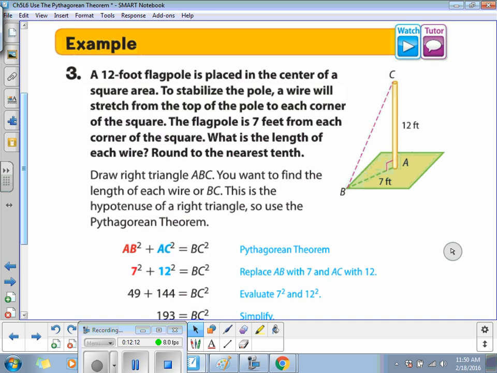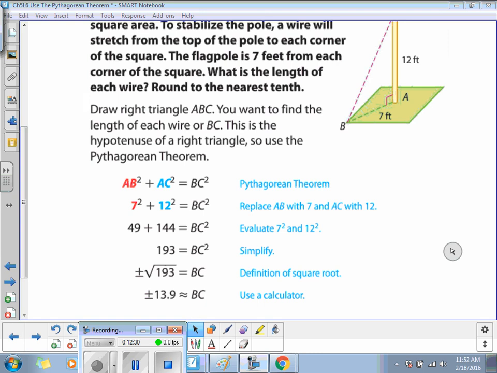To stabilize the pole, a wire will stretch from the top of the pole to each corner of the square. The flagpole is 7 feet from each corner of the square. What is the length of each wire round to the nearest tenth?